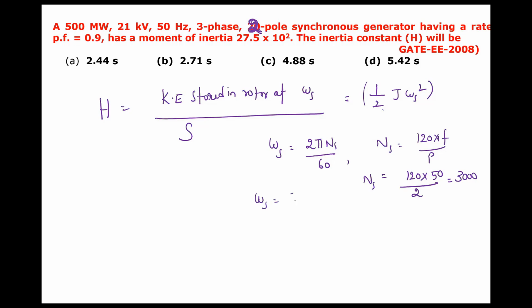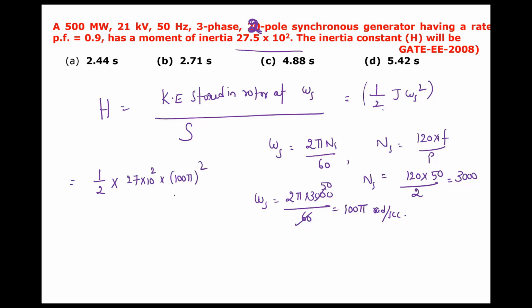Omega S will become 2 pi into 3000 divided by 60, so it will become 100 pi radians per second. Substituting, half into J, which is 27.2 into 10 power 3, into (100 pi) whole square, divided by the rating of the machine, 500 divided by 0.9 into 10 power 6.